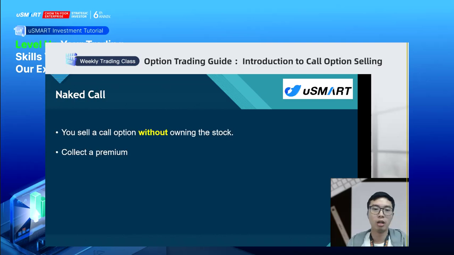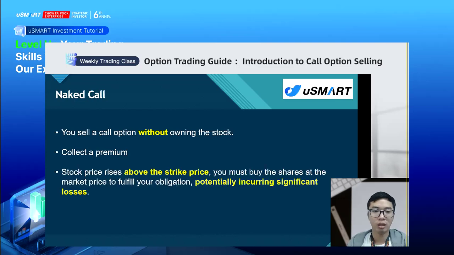So we sell a naked call option without owning the stock, and we aim to collect the premium. We don't want to earn like the call buyers, who can earn a lot when the price goes up. But for the sell options, we want the price to stay sideways or go down.